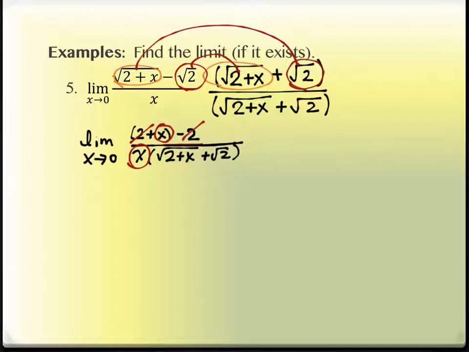You divide both the numerator and denominator by x, leaving you with a 1 on top, and technically there's a 1 here as well on the bottom. As a factor, it's not ending up being all that useful. But this gives me the limit as x approaches 0 of 1 over the square root of 2 plus x plus the square root of 2. And now I can plug the 0 in, can't I?